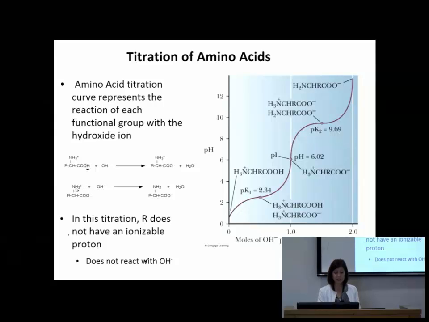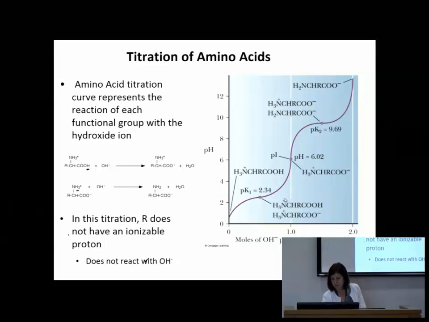Okay, so let's look at it as a titration. We're adding sodium hydroxide in. At no addition of hydroxide, we are at a very low pH, and you can see that we have the proton on the acid and we have the proton on the amine. So here it's proton on and proton on.